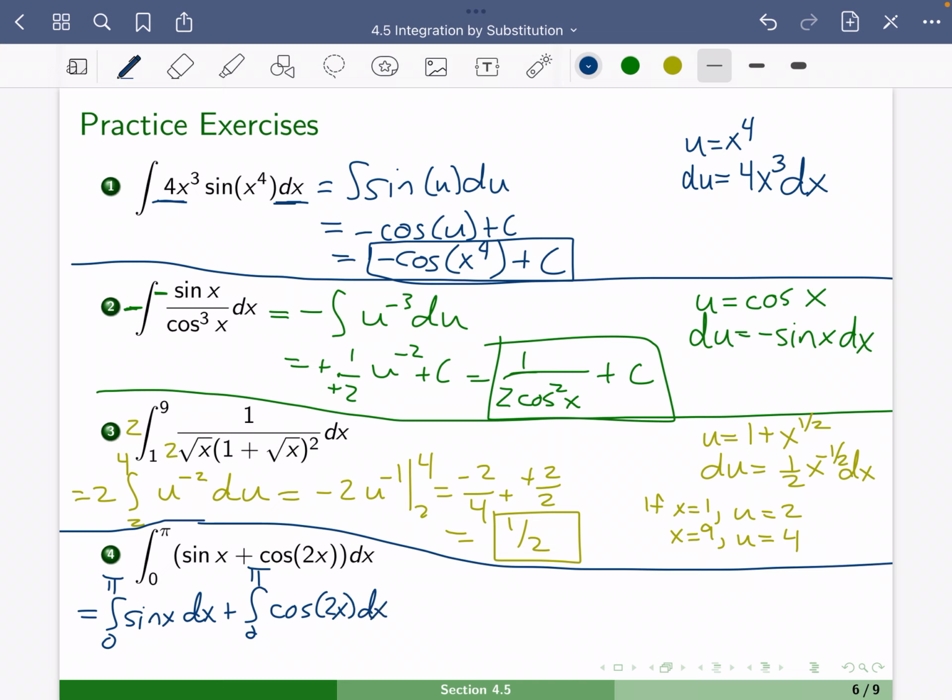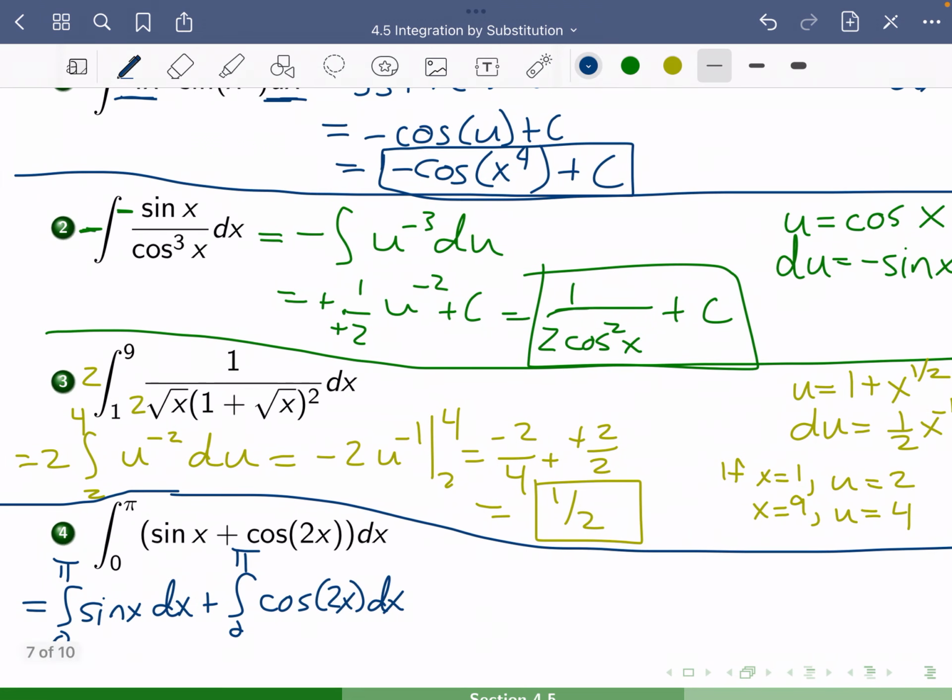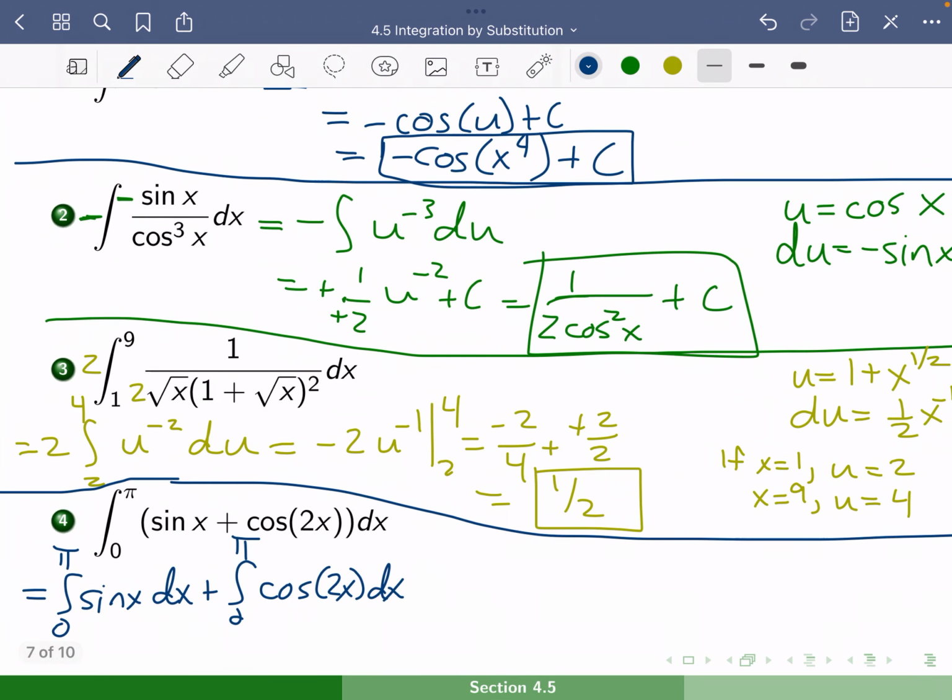The sine x portion, we should be able to solve that. We can integrate that. That's going to become sine integrates to negative cosine x from 0 to pi. What about the cosine of 2x?